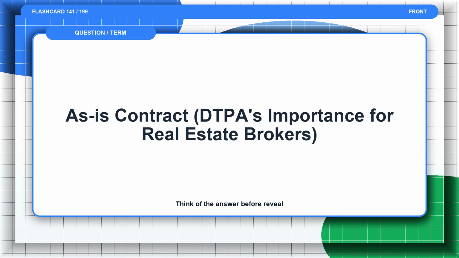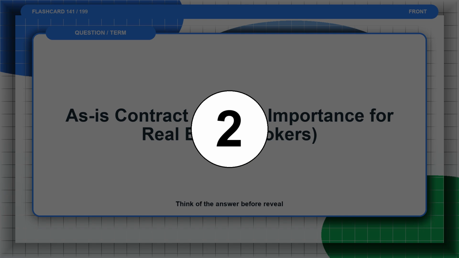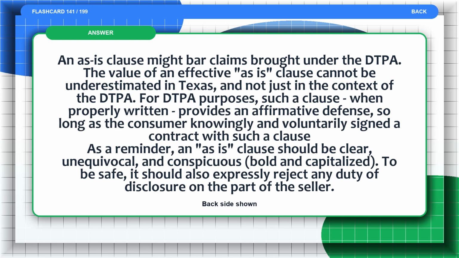Flashcard 141. As-is contract, DTPA importance for real estate brokers? Pause and think of the answer before the reveal. The answer is, an as-is clause might bar claims brought under the DTPA. The value of an effective as-is clause cannot be underestimated in Texas, and not just in the context of the DTPA.